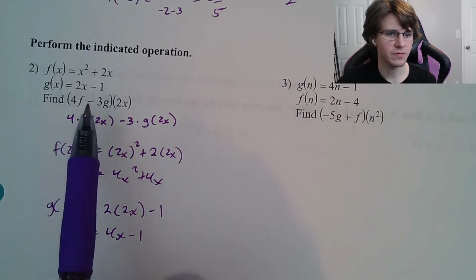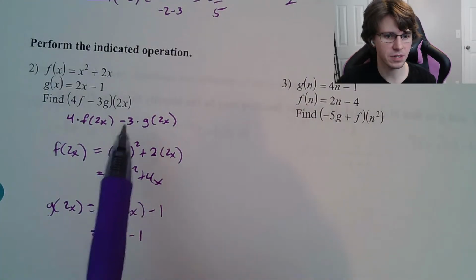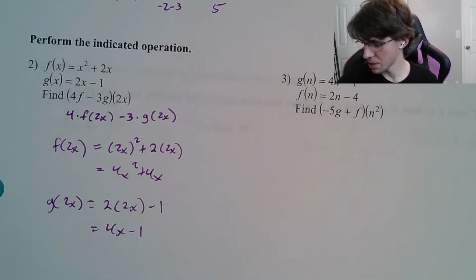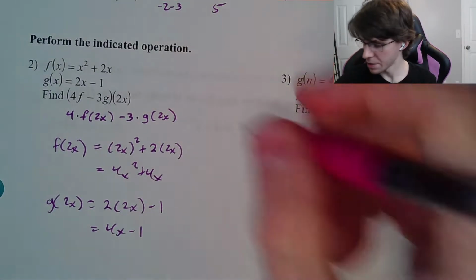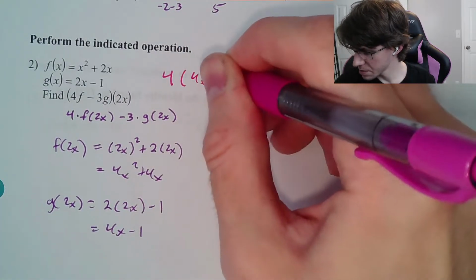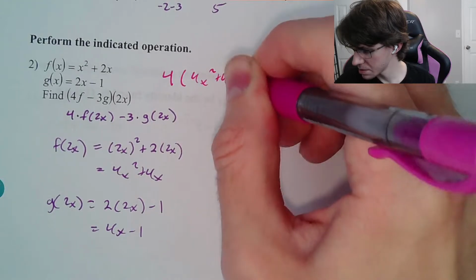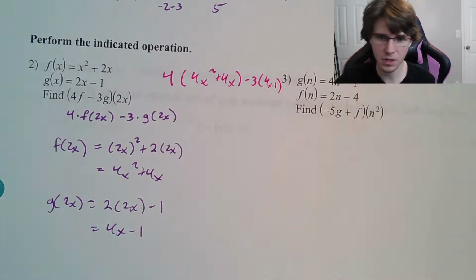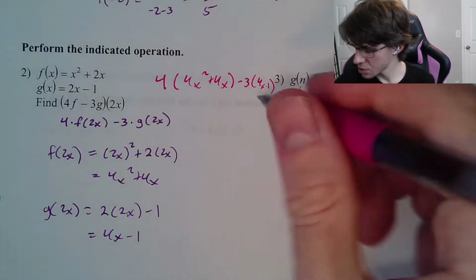Now we're doing 4 multiplied by this result minus 3 times this result. So maybe just switching up colors for more of our final looking answer here. 4 multiplied by 4x squared plus 4x, and then minus 3 times 4x minus 1. Distributing, adding like terms.